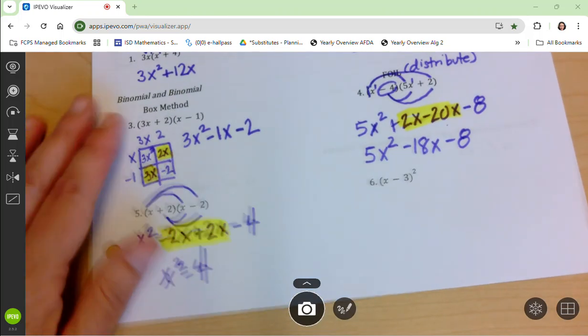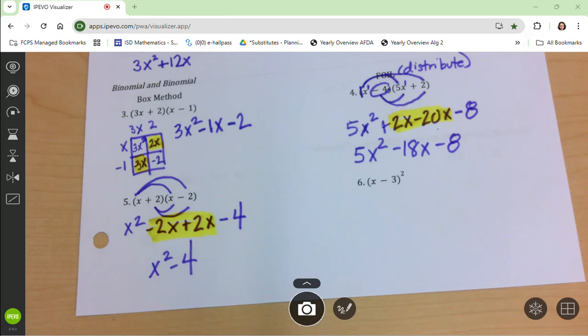All right, does anybody think they can explain why I said x squared minus 9 is wrong for number 6? Go ahead, Ryan, what do you think? It's squaring the whole binomial, true. So to square something, you multiply it by what?